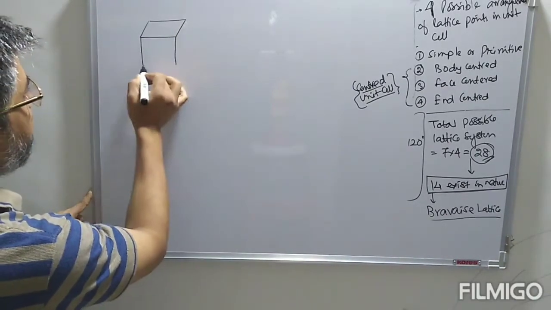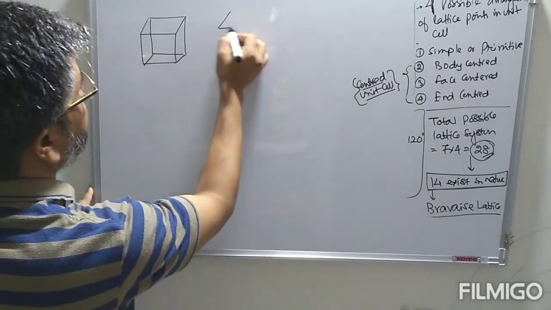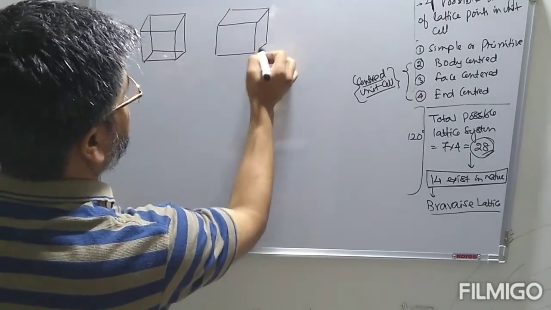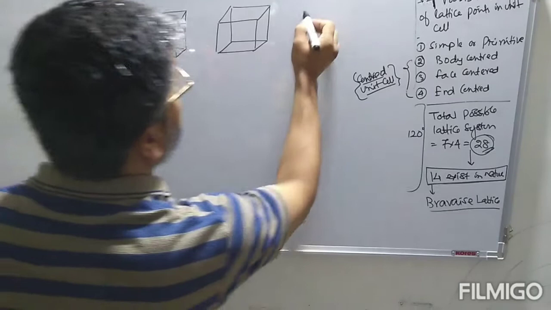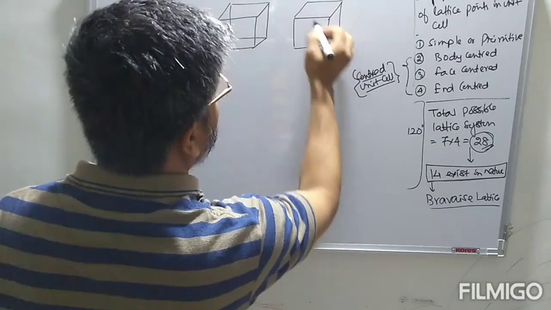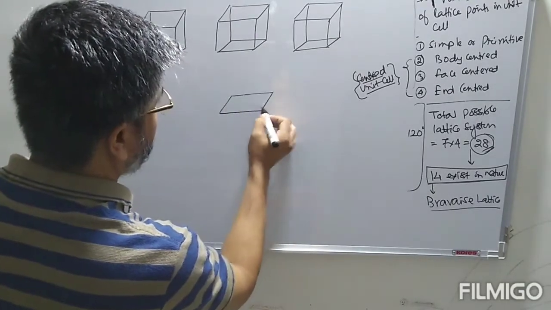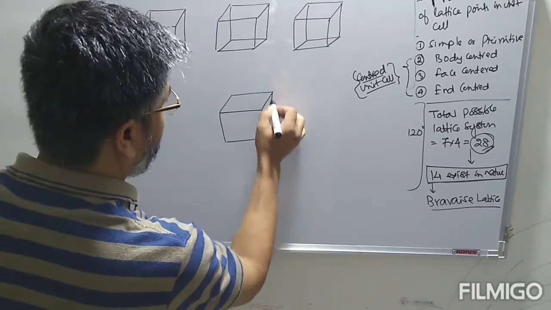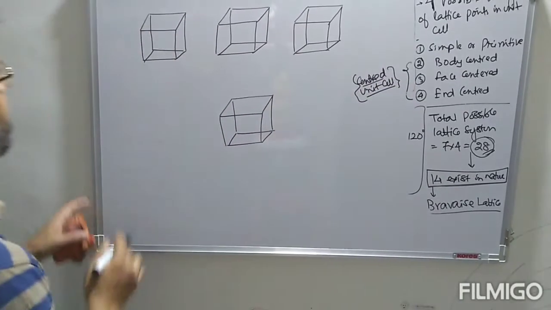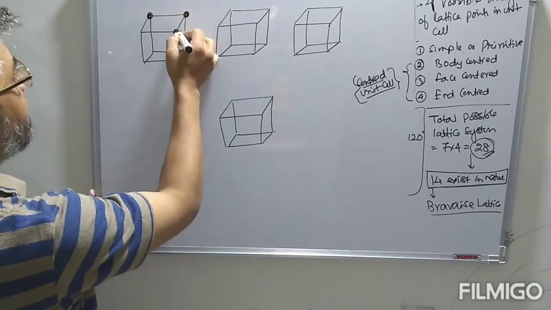So let me give you the different arrangements of lattice points. In simple or primitive, the lattice points are only at the corners of the cube.